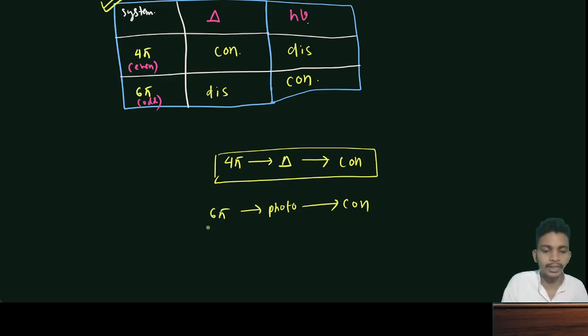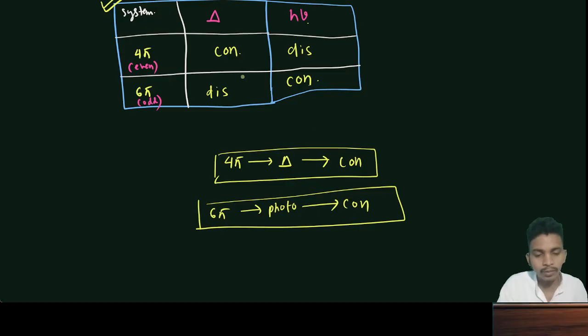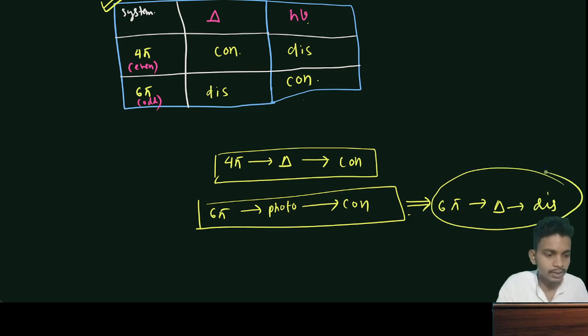So we can remember 6 pi photo con. For easy memorizing, I keep con in both. So 6 pi photo con, then the bond forms, and the opposite for 6 pi is heat, then that is dis. Just remember this, then automatically you will understand the other will be 6 pi heat dis.